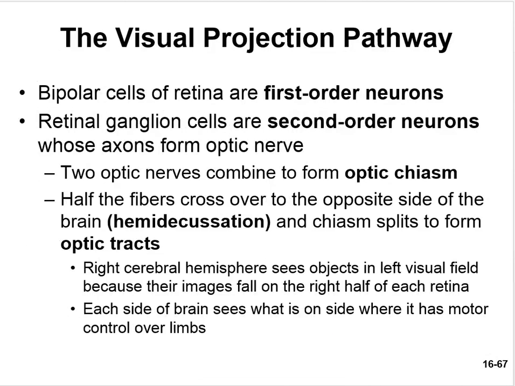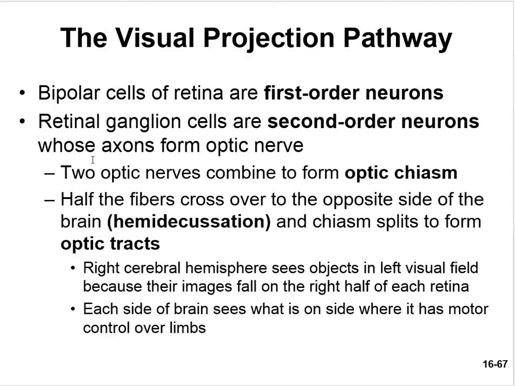The visual projection pathway of sight. So our rods and our cones are the receptors. The bipolar cells of the retina are the first order neurons. The retinal ganglia cells are those second order neurons, whose axons then go on to form the optic nerve. The two optic nerves combine to form the optic chiasm.